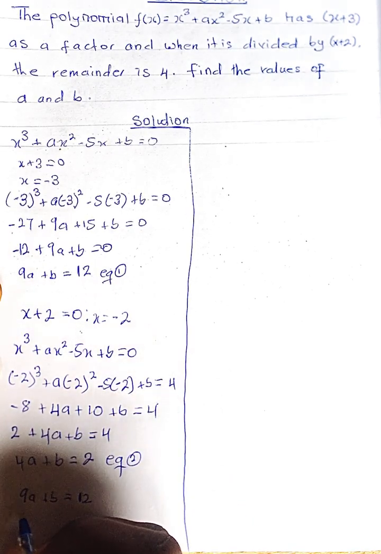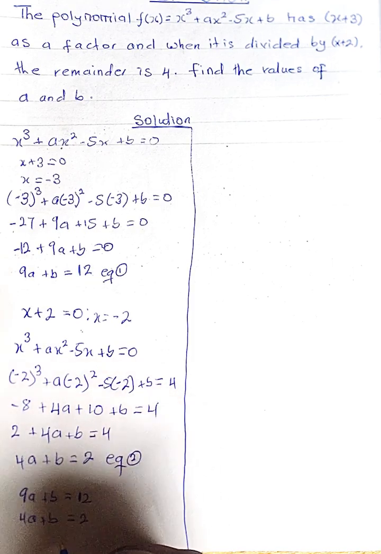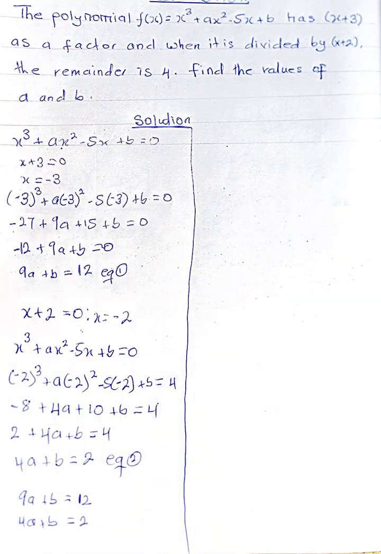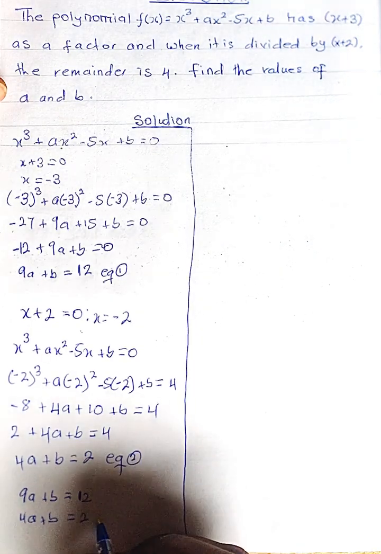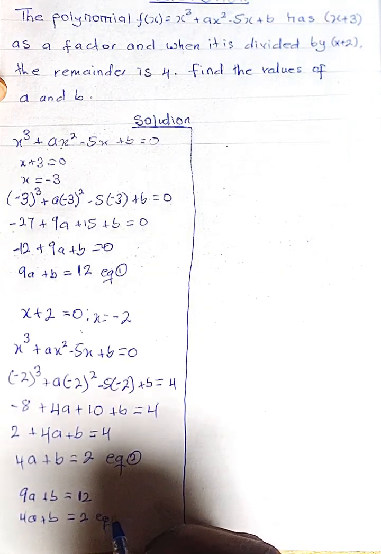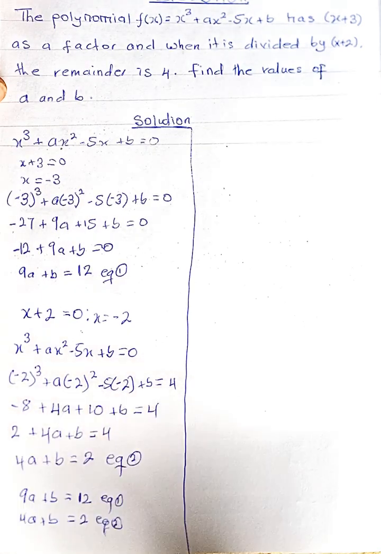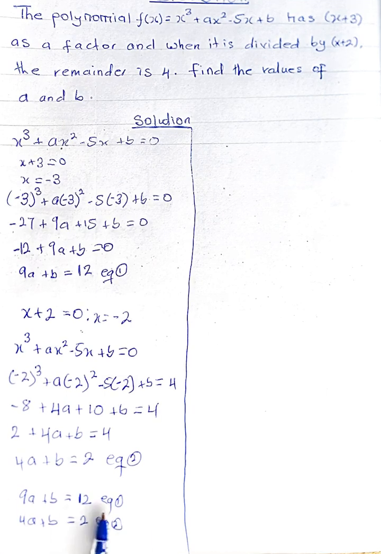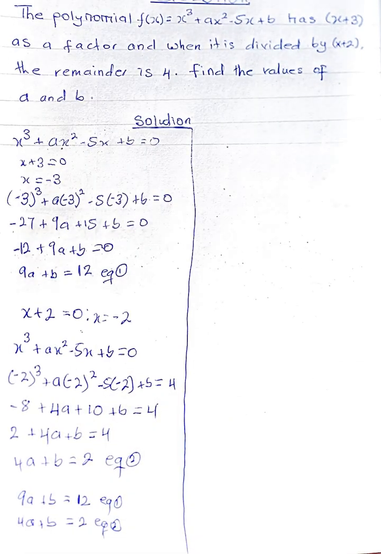Then you have 4a plus b is equal to 2. We can subtract equation 2 from equation 1, or we multiply one of the equations by a negative number so that we can get rid of one of the variables.